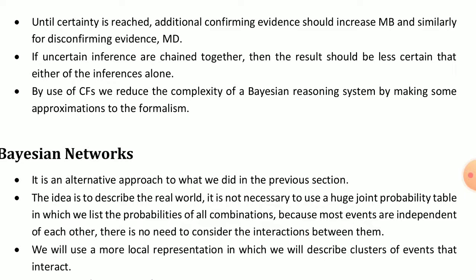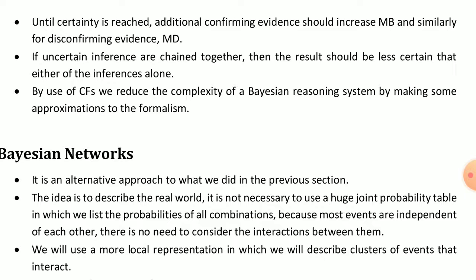By using the CFs, we reduce the complexity of a Bayesian reasoning system by making some approximations to the formalization. Here we can use the certainty factor and we can reduce the complexity. Which complexity? Bayesian theorem's complexity. And we can make some formulas as per our use.